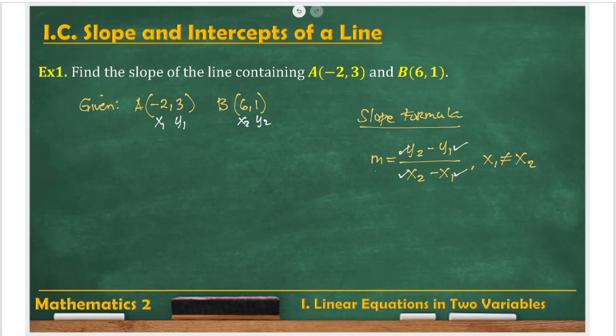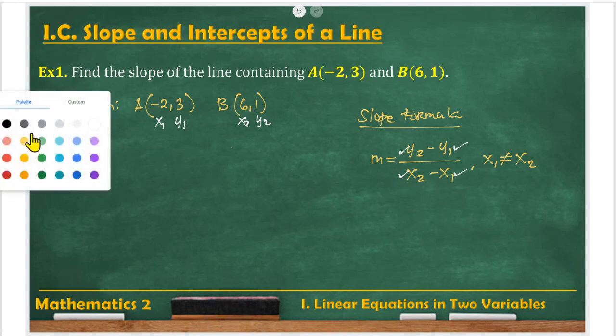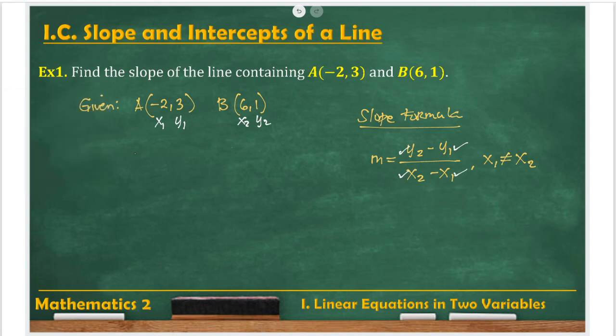Therefore, we can now solve for the value of m. By substitution, we have m is equal to y sub 2 is 1 minus y sub 1 is 3 all over x sub 2 is 6 minus x sub 1 is -2.